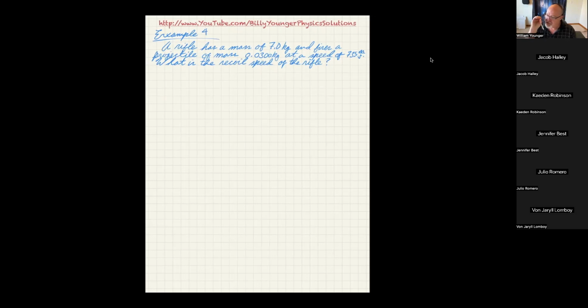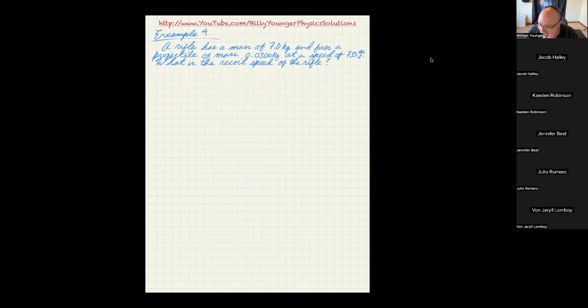That pushes the actual projectile or slug out of the shell, and now you have a system where the momentum that was originally zero is no longer zero, because you've got this 0.0300 kilogram mass moving this way at 735 meters per second. To counteract that, the rifle has to have exactly the same momentum in the opposite direction so that the total momentum is zero.